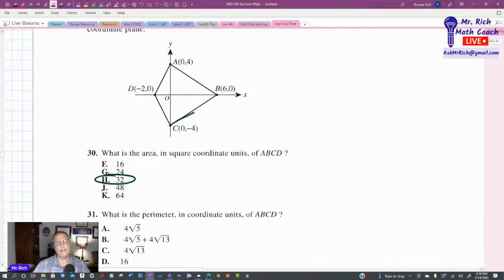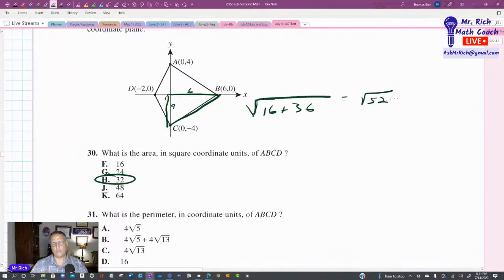So I need to find these lines. There's 2 of them, so I'll just double it. This is a right triangle that looks like it is a 4 and a 6. So that's going to be 16 plus 36 square rooted, right? That's the square root of 52.